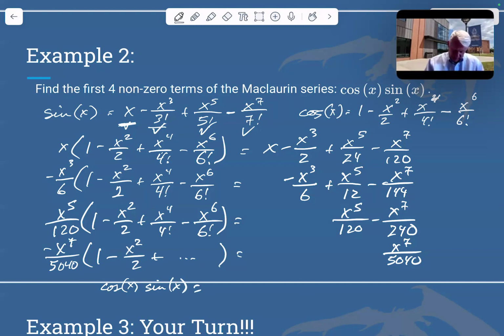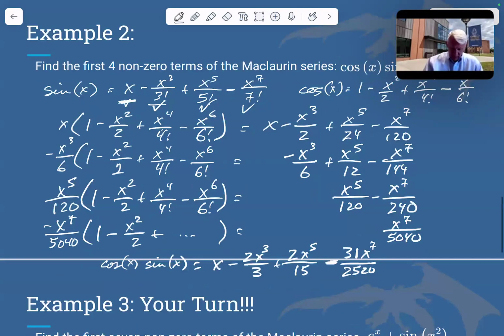I just add straight down, so I've got x minus 2x cubed over 3 plus 2x to the fifth over 15 minus 31x to the seventh over 2520 if you simplify everything down. So anyway, that's the first 4 non-zero terms. It may be a little bit messy, but honestly, you just do manipulation.